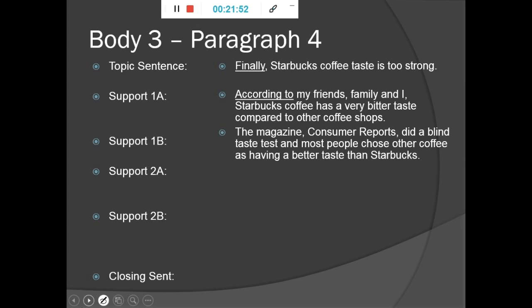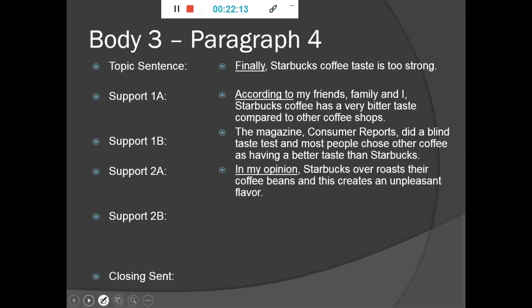Okay, now I've done a little bit more research. The magazine Consumer Reports did a blind taste test, and most people chose other coffee as having a better taste than Starbucks. So I looked at a magazine, Consumer Reports, and I found some research about that. In my opinion, Starbucks over-roasts their coffee beans, and this creates an unpleasant flavor.